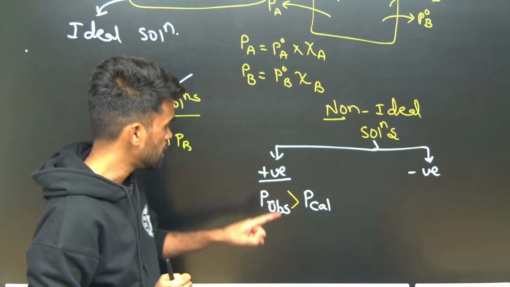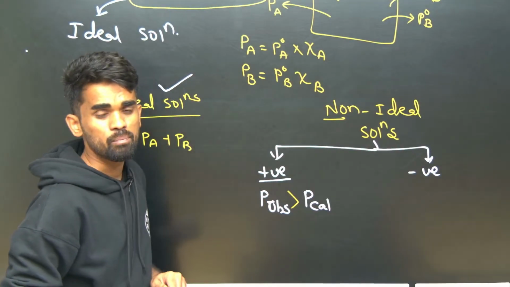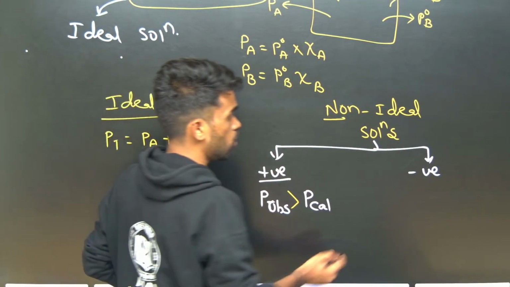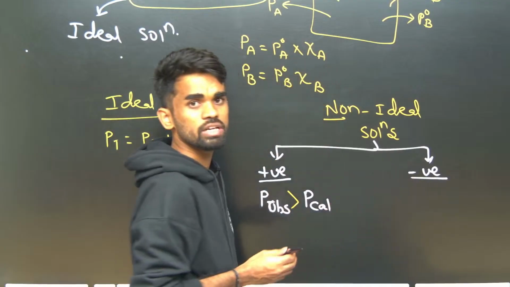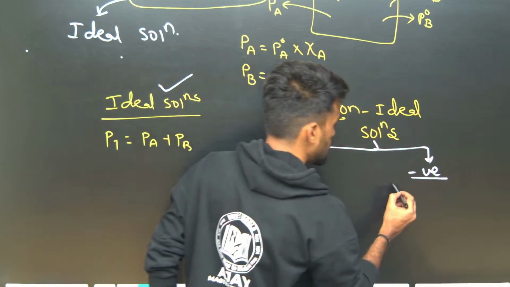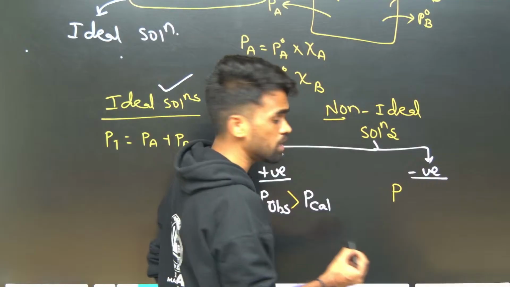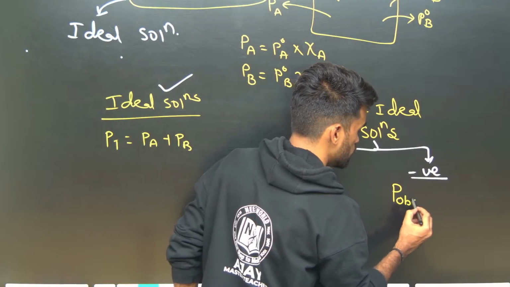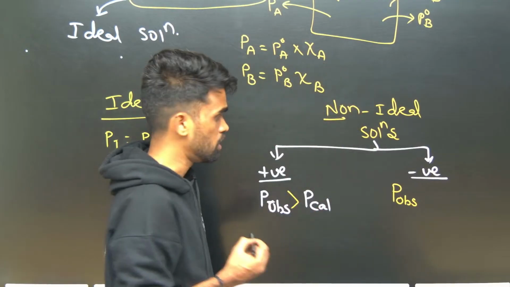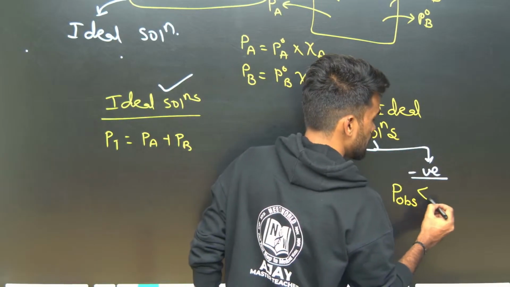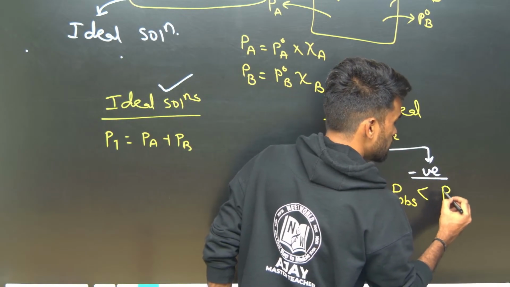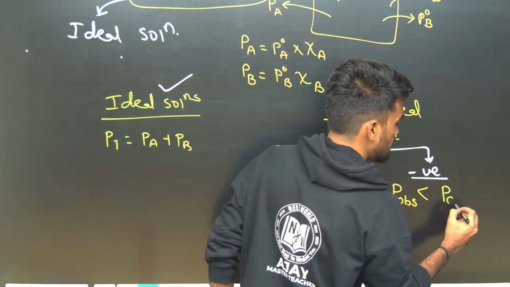This is what happens in positively deviated solutions. Now what will you observe in negatively deviated solutions? The practically observed vapor pressure, P observed, will be lesser than the vapor pressure of that solution calculated theoretically.